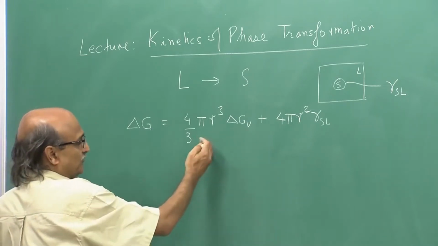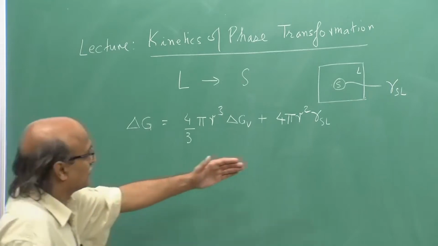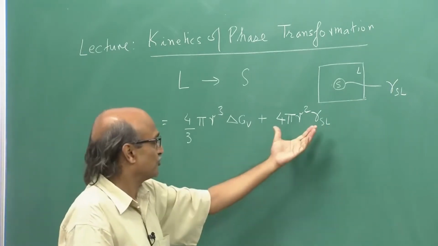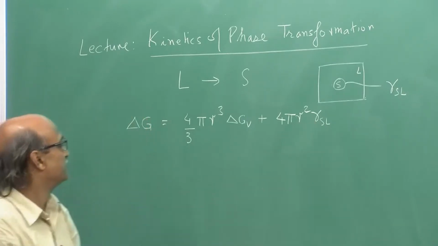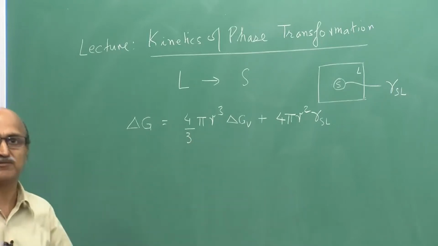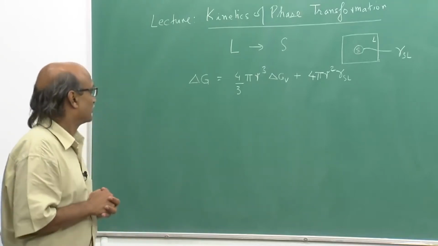In these two terms, the transformation will take place or becomes feasible if delta G is less than 0. Now, the surface or the interfacial solid liquid energy is always positive, so therefore, the second term remains positive. However, delta GV would be negative if the temperature is below the transformation temperature.